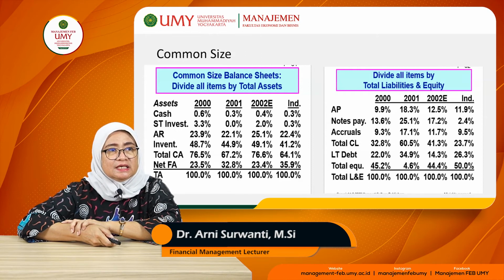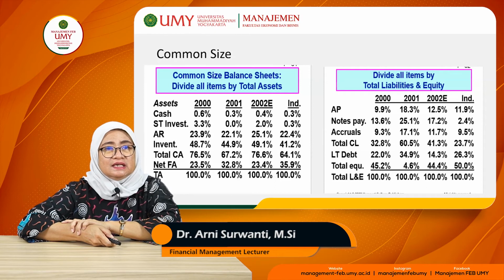Based on this analysis, we can see the proportion of each item in the balance sheet compared with total assets. In the total liabilities and equity, we can also analyze the proportion of all items: how much is the proportion of liabilities and how much is the proportion of equity compared with total liabilities and equity.